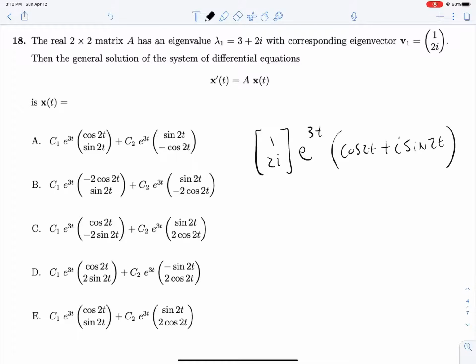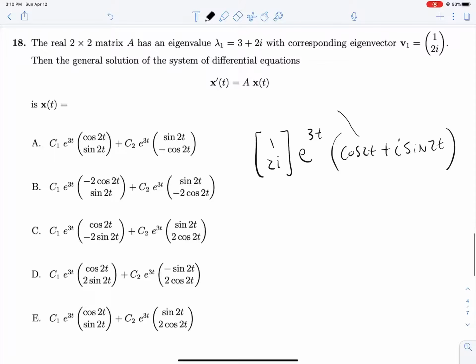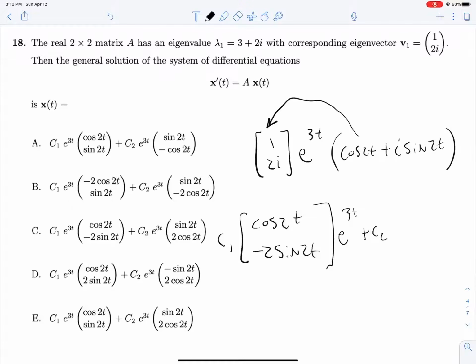So finding the real portion, that will come when we multiply cosine on top and sine on the bottom. So we have C1 times cosine 2t minus 2 sine 2t, because i squared will give us -1, times e to the 3t, plus C2 times the imaginary portions.